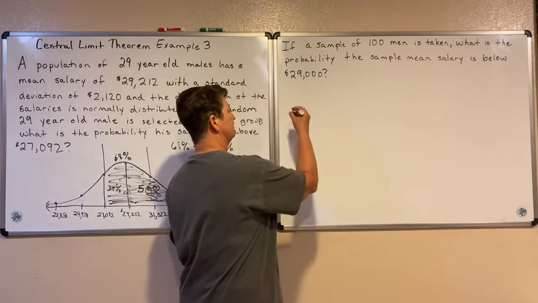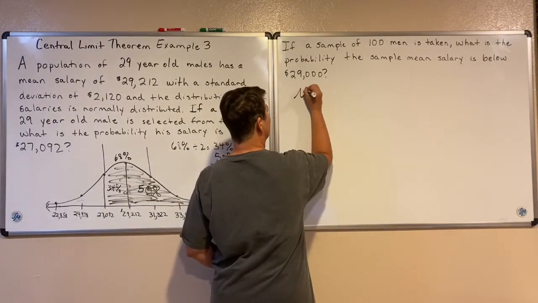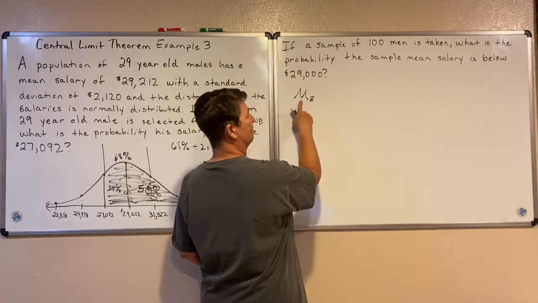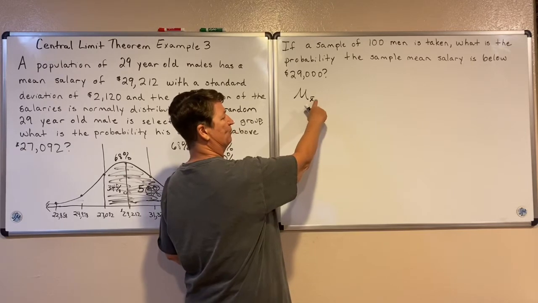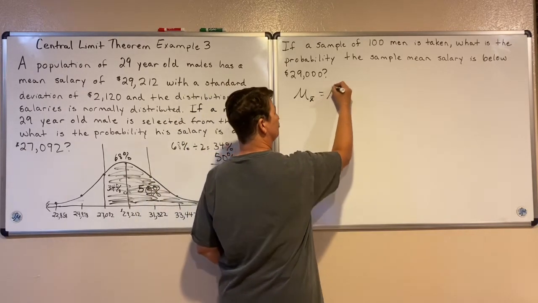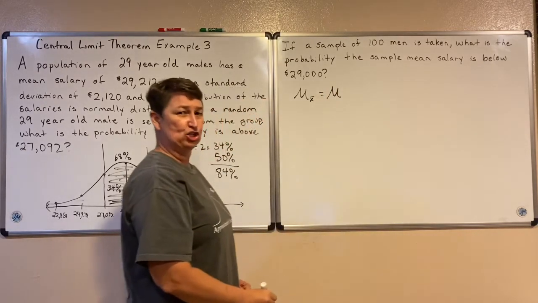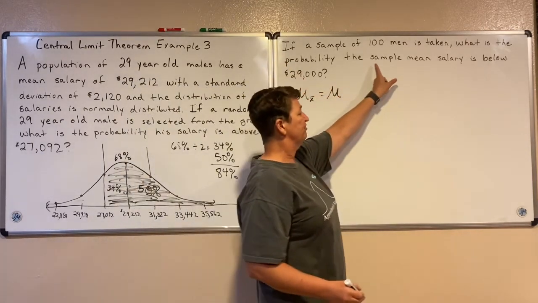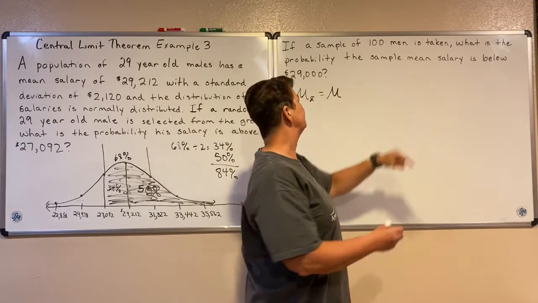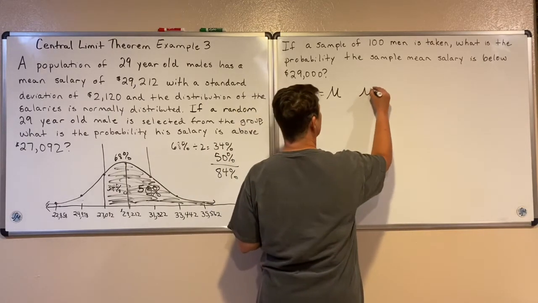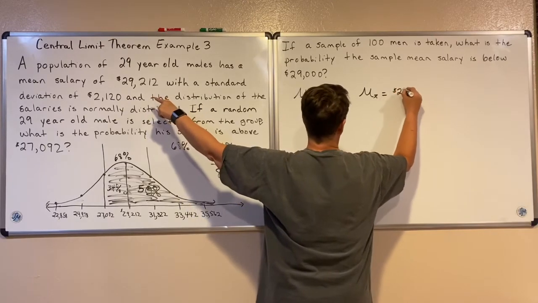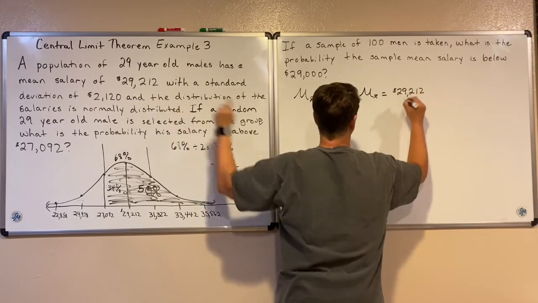The central limit theorem tells me that the mean of the distribution of sample means is equal to the mean of our population. So in this case, the mean of this distribution of sample means is equal to 29,212.